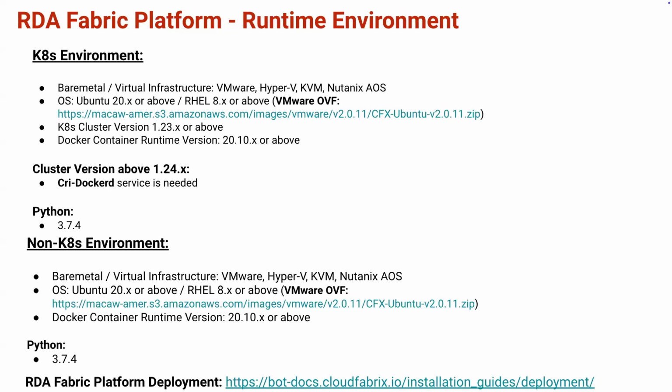For non-K8s environment, the underlying infrastructure, similar to K8s, we have the virtual appliance, which is pre-built and pre-validated, and can be deployed on a VMware environment. If it is a non-VMware environment, with other virtualization platforms like KVM, Hyper-V, or Nutanix Acropolis Hypervisor, we have the standard instructions where you can prepare either Ubuntu 20.x, 22 or 24.x, or RHEL operating system.